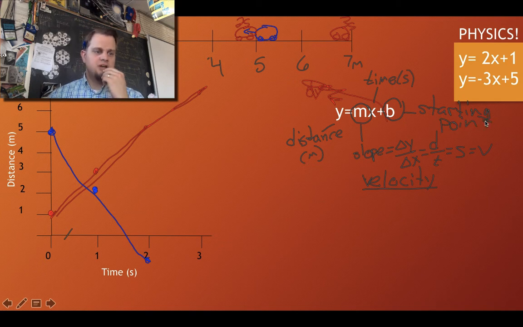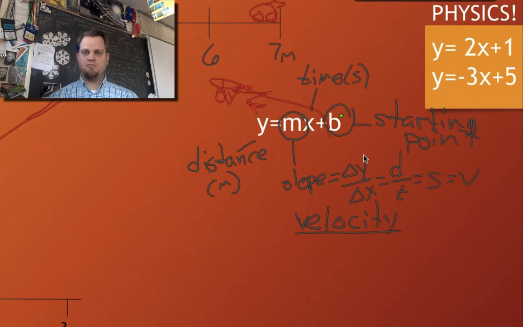Okay? So, really, all we've done is we've transferred this math to a real situation. We said that the y is the distance, the x is the time, the slope ends up being the speed of the car or whatever it is, and b is just that starting point. And so what we can then do as well is get rid of all this extra mumbo jumbo that's in gray here and just say y, that's distance, we'll call that d, equals m, we said that's the slope, we said that's the velocity, we'll call that v.